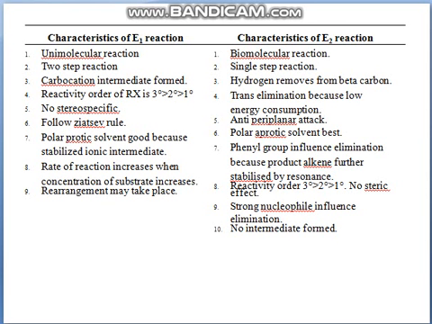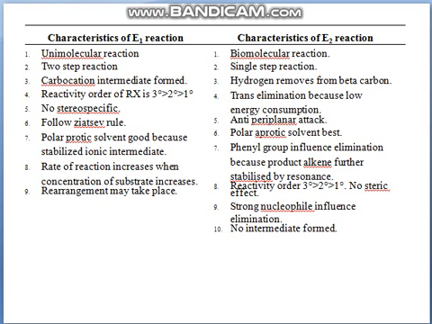And in E2, due to the resonance, alkyl is stabilized and the phenyl group has an influence. Rearrangement takes place in E1, but in this we can see the decreased reactivity order. No intermediates are found in E2 reactions.